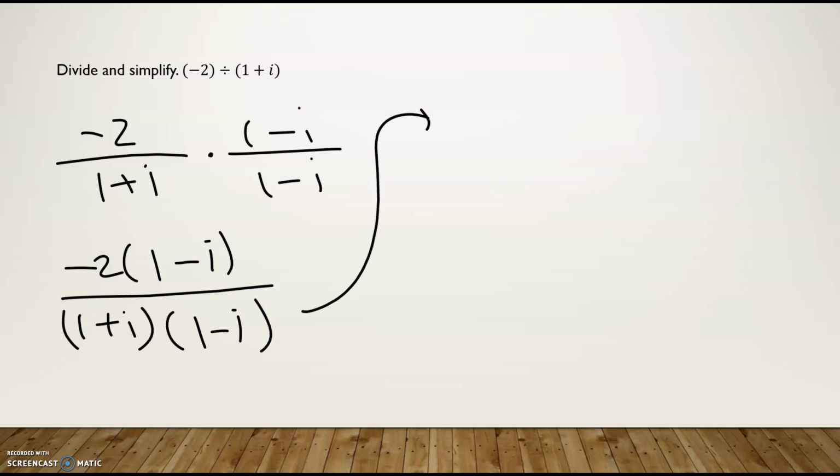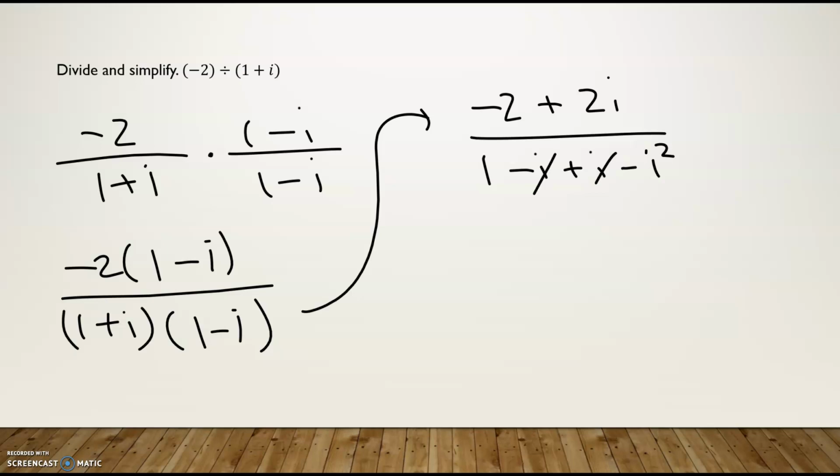Come up here, so that's a negative 2 plus 2i over 1 times 1 is 1. 1 times negative i is negative i. i times 1 is positive i. i times negative i is negative i squared. i's go away.